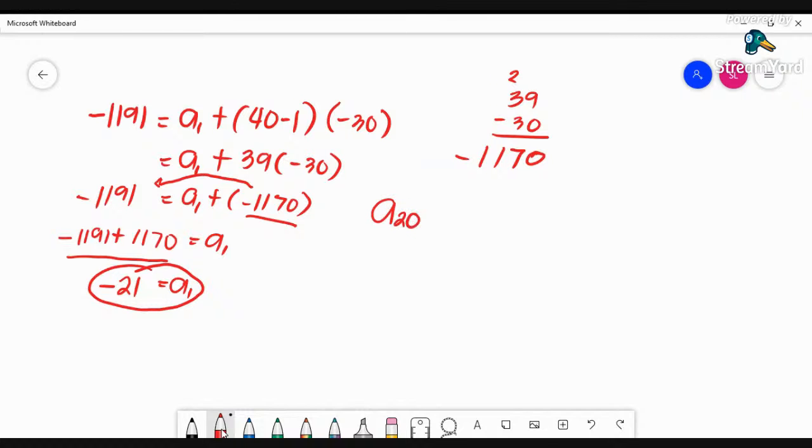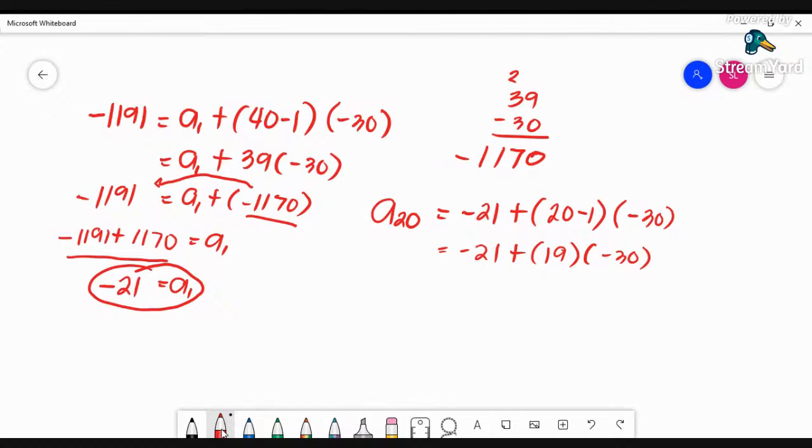So our A sub 20 is equal to negative 21 plus 20 minus 1 multiplied by the common difference, which is negative 30. So that is negative 21 plus 19 times negative 30. If we multiply 19 with negative 30, that will be negative 570.